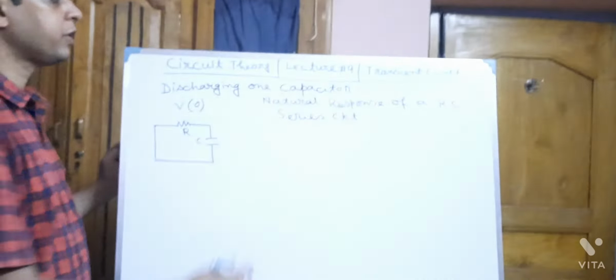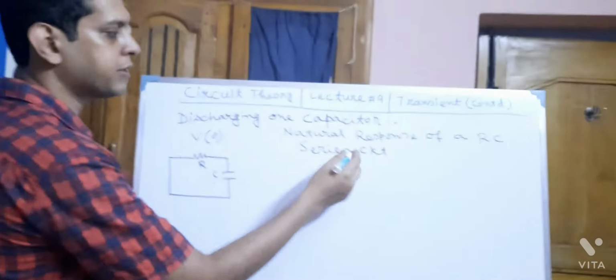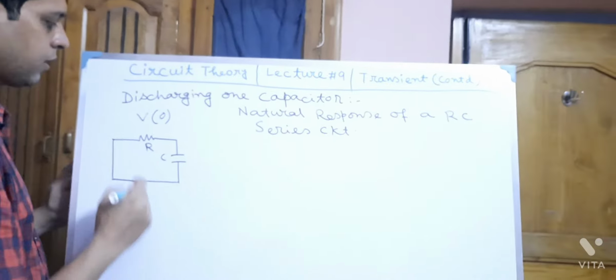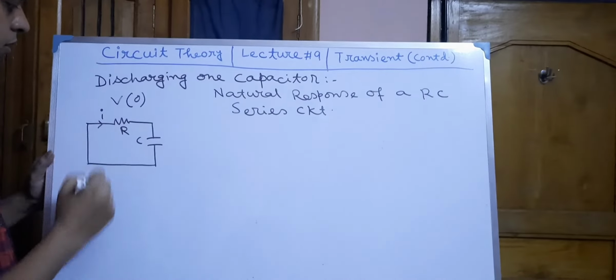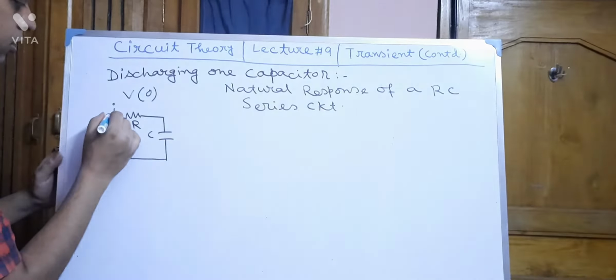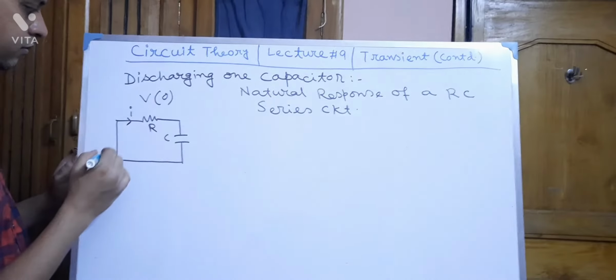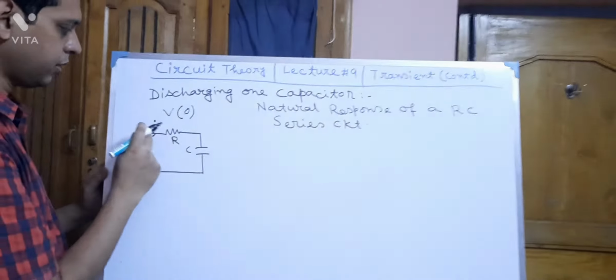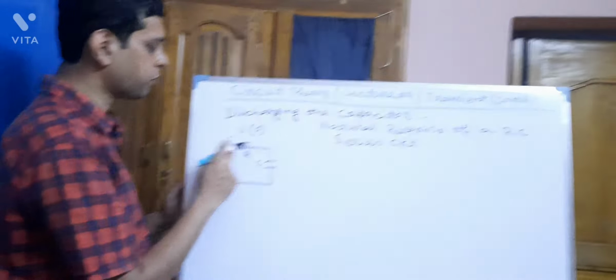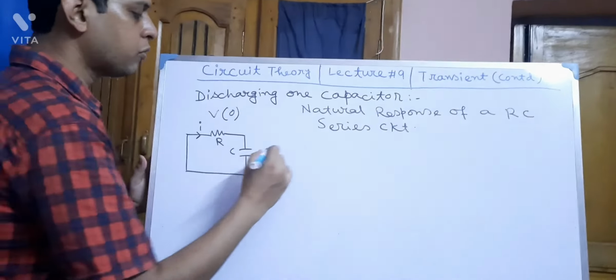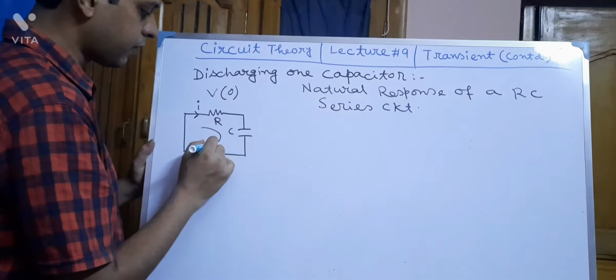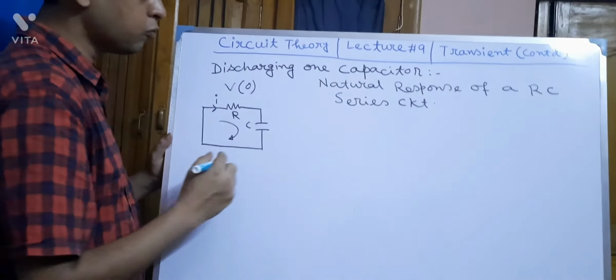So what we get will be the natural response of this circuit. Now let us imagine the current flowing through both of them is I. So let us apply KVL in this loop.